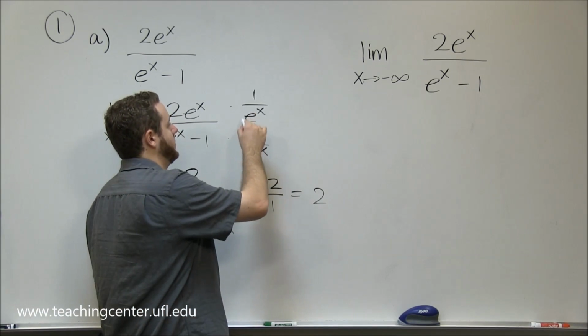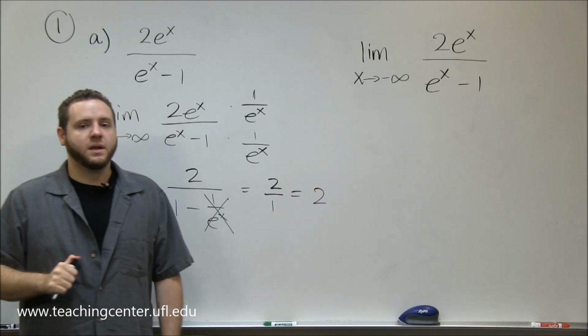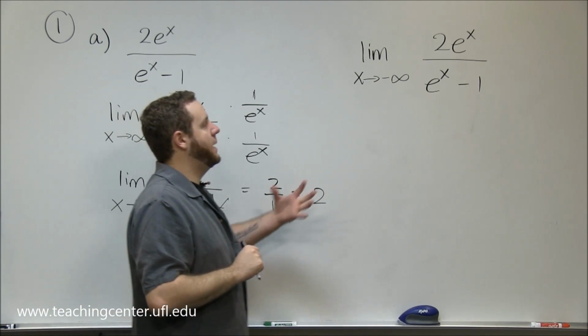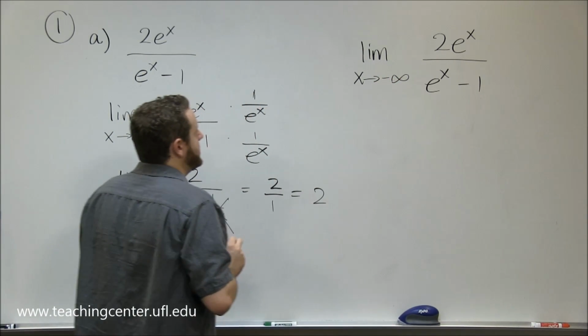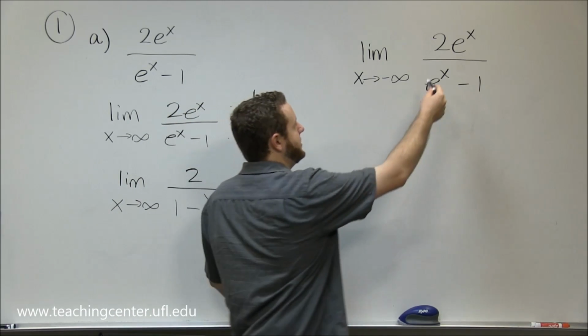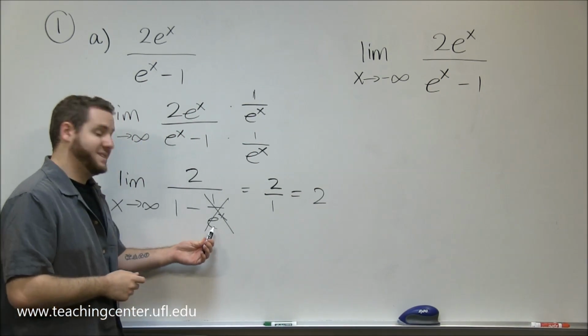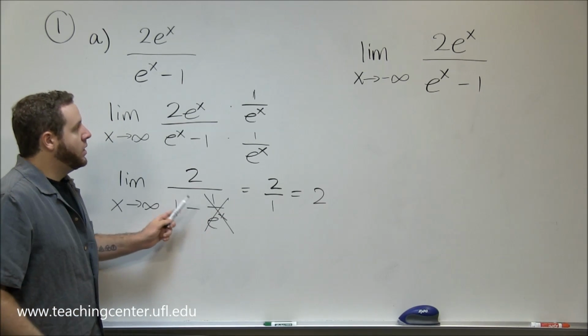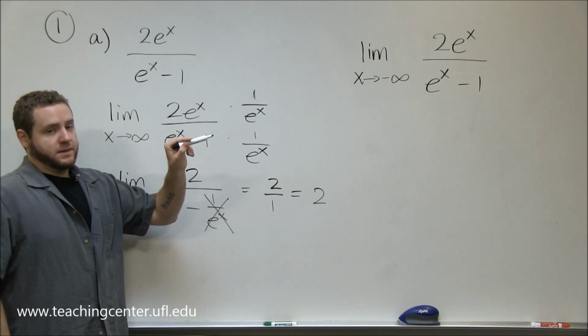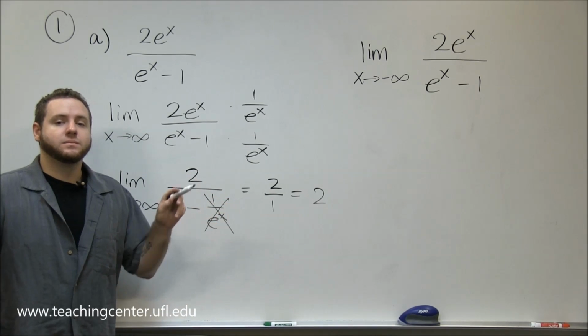So we would be dividing by 0 here. Instead, we can just look at what happens to these terms. So remember, e to the negative infinity is the same thing as 1 over e to the infinity, which is what we just did here. So each term e to the x, as x goes to negative infinity, becomes 0.